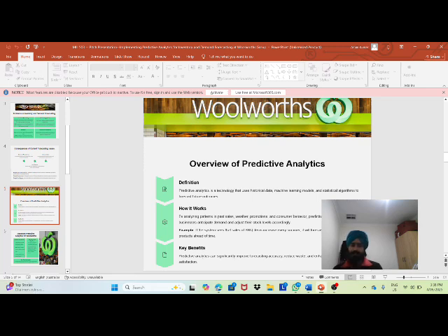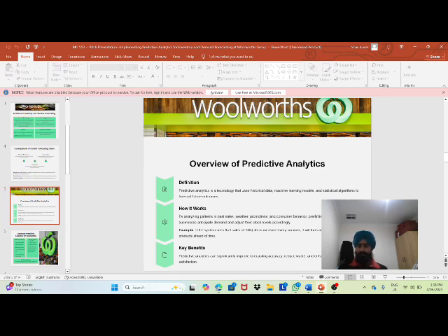For example, if the system sees the sales of BBQ items increase every summer, it will forecast demand for these products ahead of time, which could give them not only the environmental benefit, but also the economical benefit of the company, which is the main aim of every company.